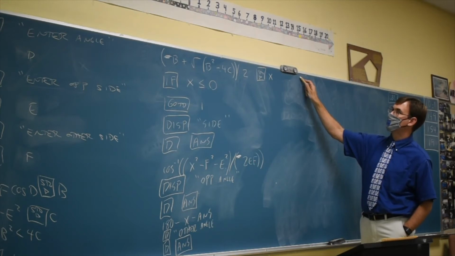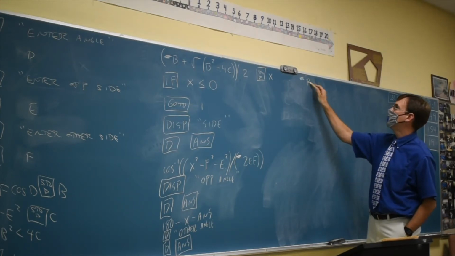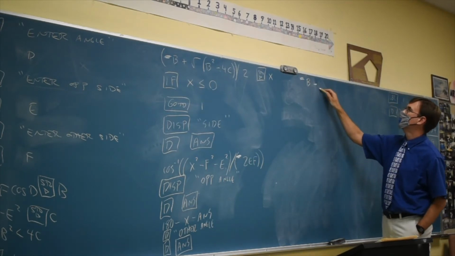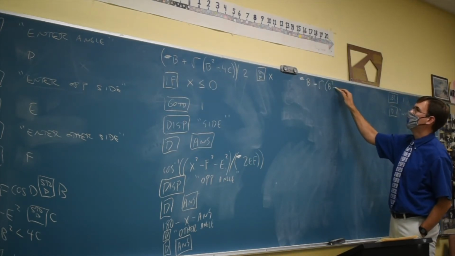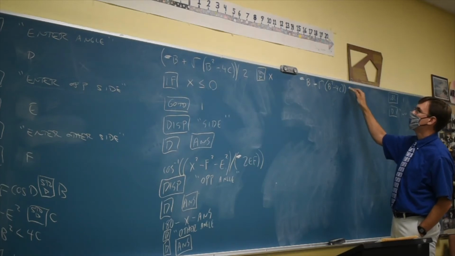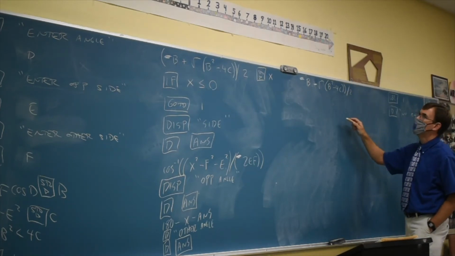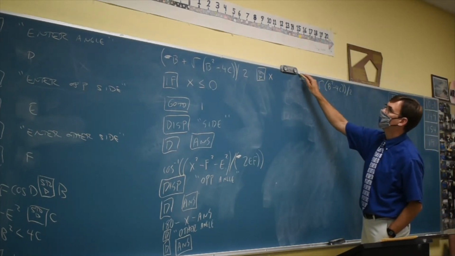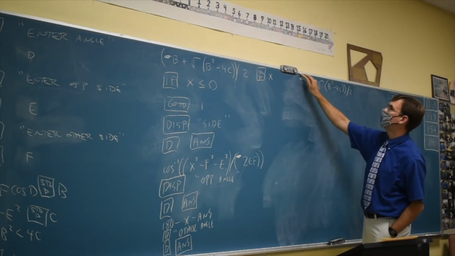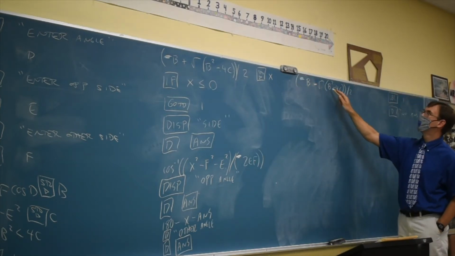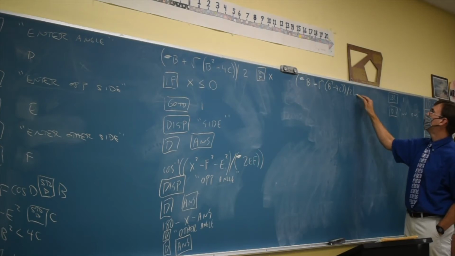Everything exactly the same except change the plus to minus. So we're going to go negative b minus root b squared minus 4c, divide by 2. Store it.